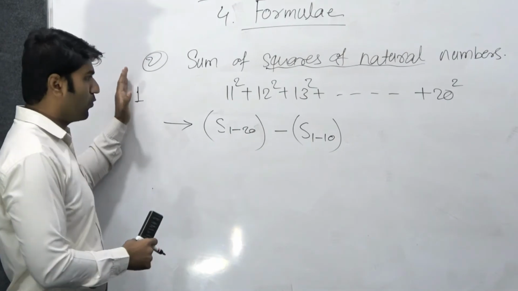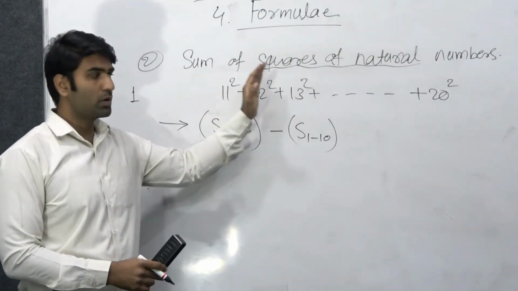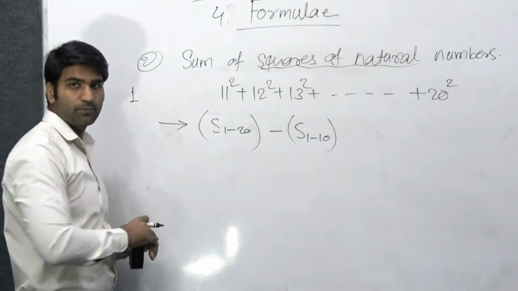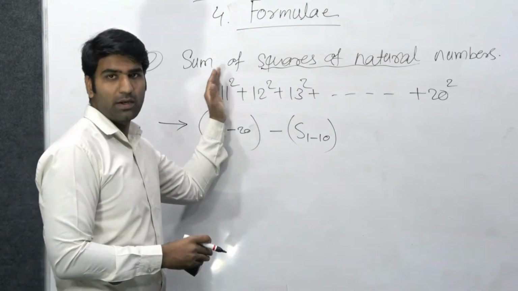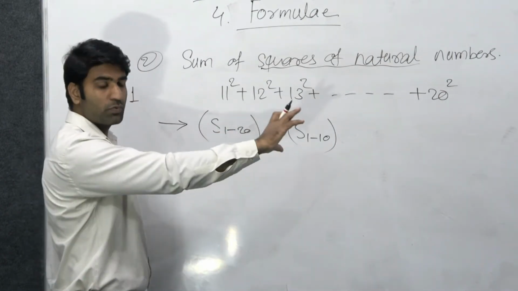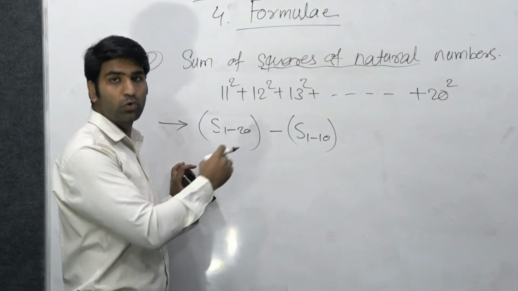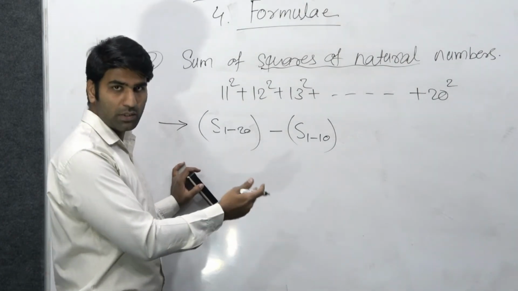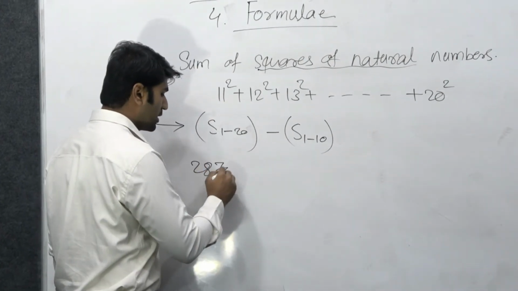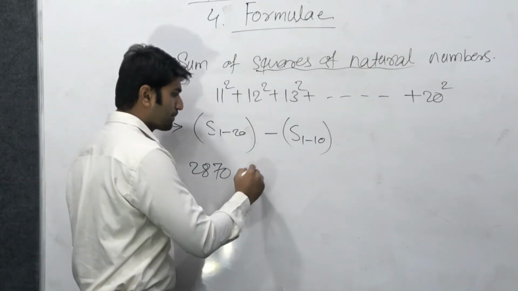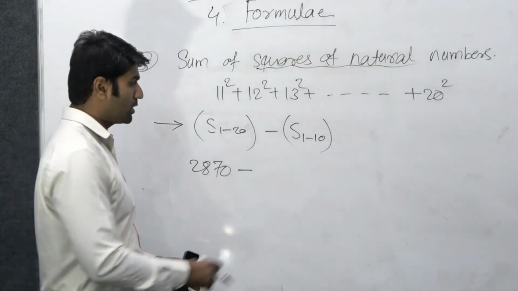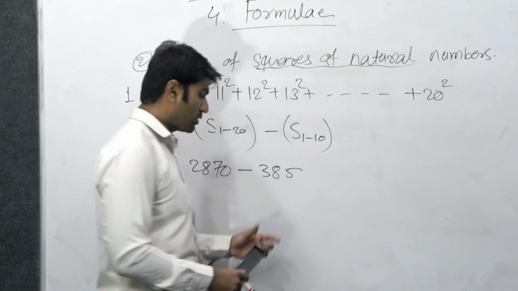Find the sum from 1 to 20 square: 1 square plus 2 square plus 3 square up to 20 square, and we have to subtract the first 10 numbers, because we cannot use the formula directly for this particular series. So the sum of 1 to 20, which we have now solved, is 2870, minus the sum of squares of the first 10 numbers, which was 385.